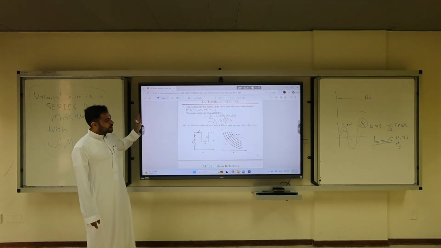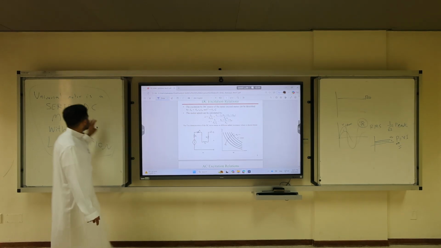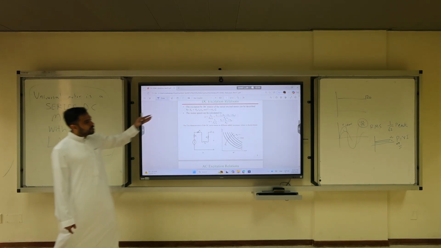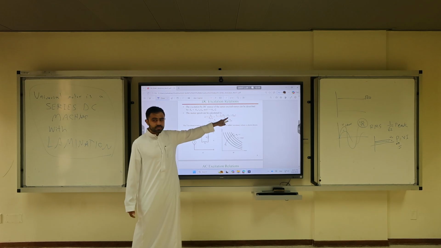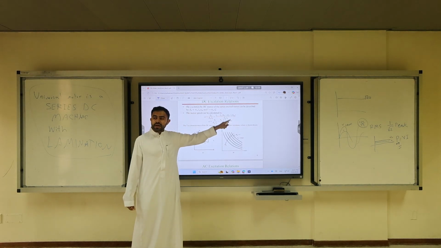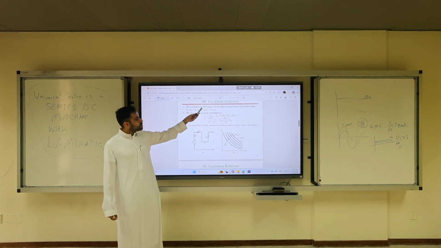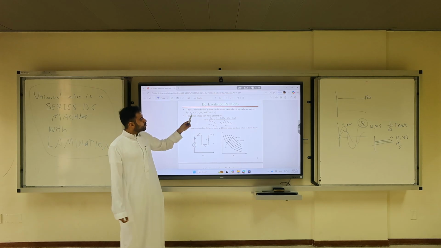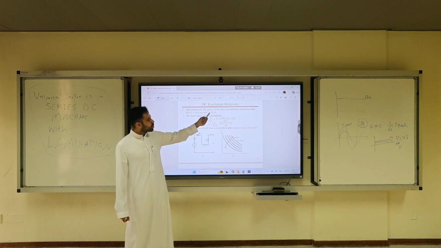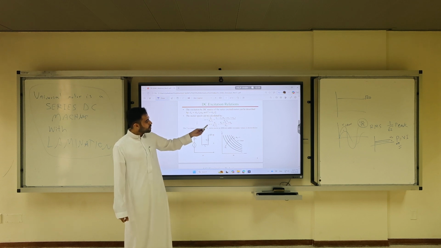Now, I'm telling you it's a series DC machine. If you apply DC, do you remember these equations? These equations are nothing but the equations for DC excitation, and we had E_A equals K phi I_A omega_M, and we had the equation for the torque, K phi I squared, and we get the speed control. How did we get the speed control?